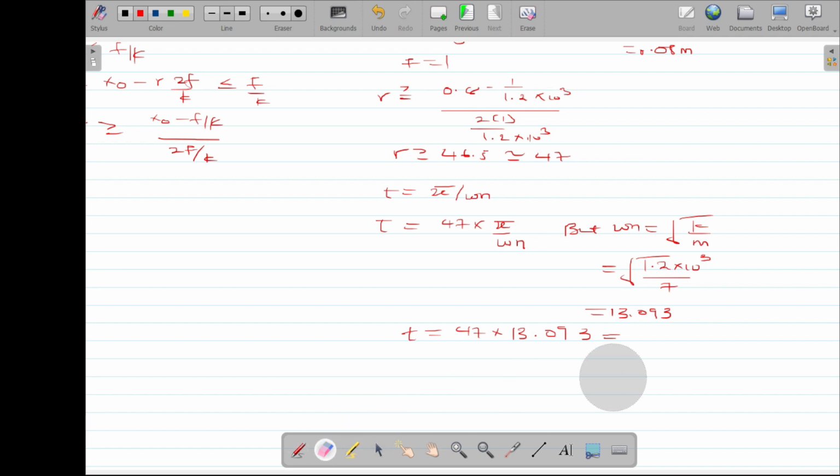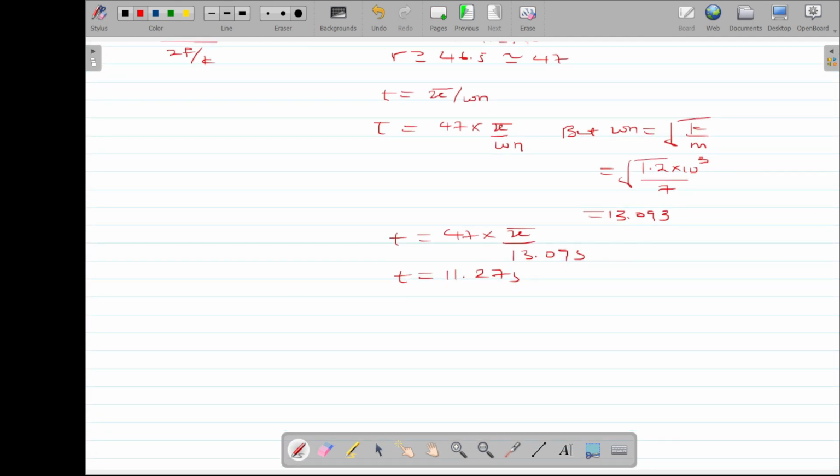So the time t will be equal to 47 times pi all over 13.093. So the time will be equal to 11.27 seconds. And the displacement from the equilibrium position, xn will be equal to x naught minus 47 times 2f on k, which will be equal to 0.08 minus 47 times 2 times 1 all on 1.2 times 10 power 3.